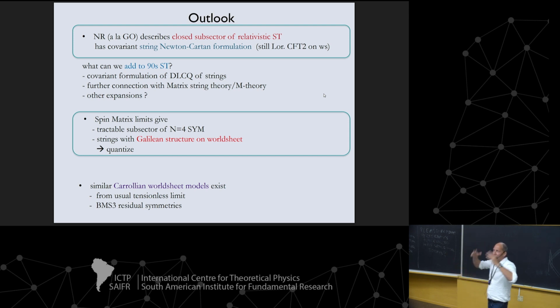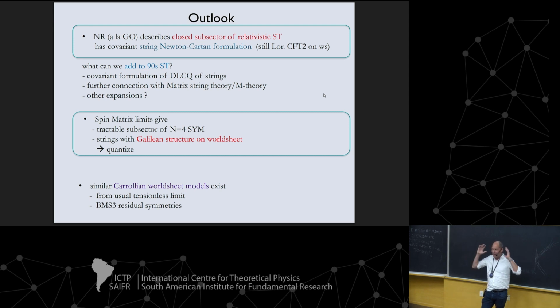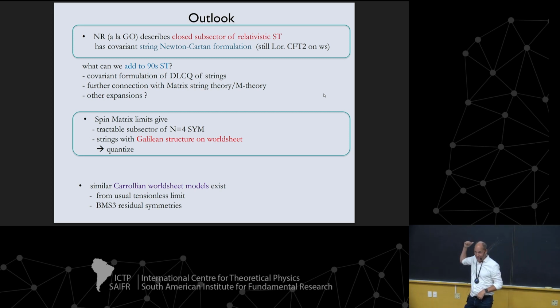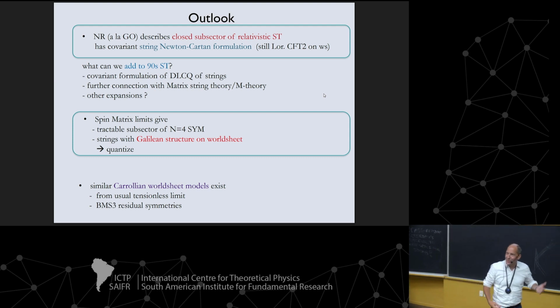So there's what you can call a string Poincaré symmetry that includes the symmetries of the NS field. And there's a very concrete Inönü-Wigner contraction that you can do of that big algebra that includes the B field, say, that gives you the underlying algebraic structure of non-relativistic strings. In fact, then we even put all the dots on the i. You can gauge that algebra and find the geometry of the non-relativistic string.